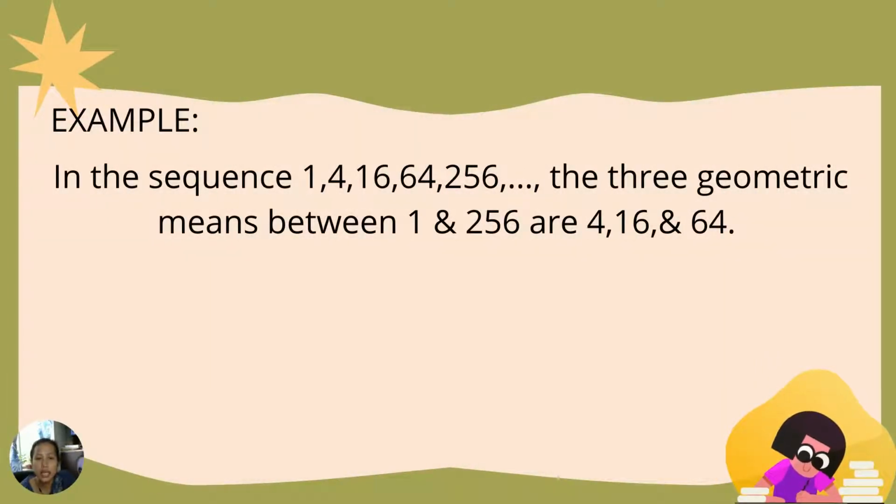In the sequence 1, 4, 16, 64, and 256, the three geometric means between 1 and 256 are 4, 16, and 64. These are the terms between 1 and 256. They are what we call the geometric means.